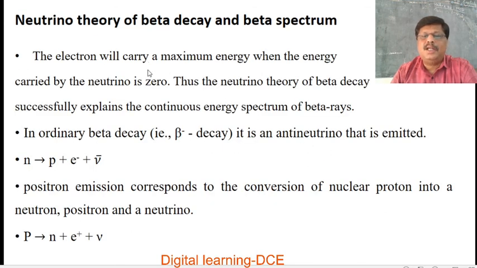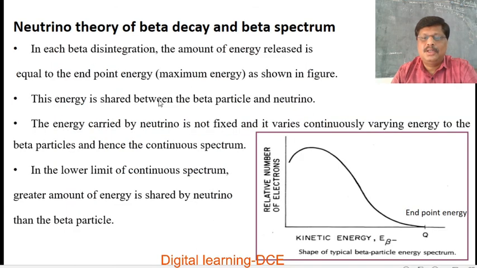The electron will carry maximum energy when the energy carried by the neutrino is 0. So here the energy carried by the beta particle or electron is maximum when the energy carried by the neutrino is 0. In this case, the beta particle has maximum energy at this point, and at this point the energy carried by the neutrino is 0.